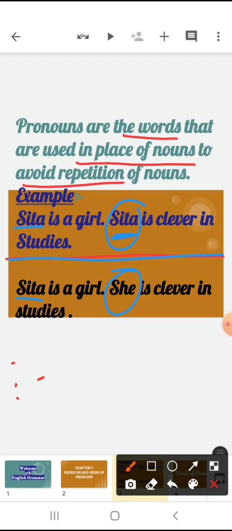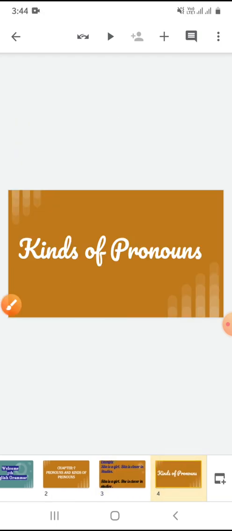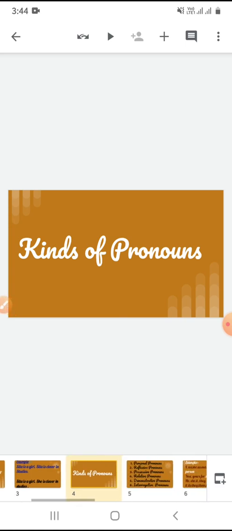Here we have used the noun Sita, but in another sentence we have used she. She is a pronoun. Pronouns are of different kinds.